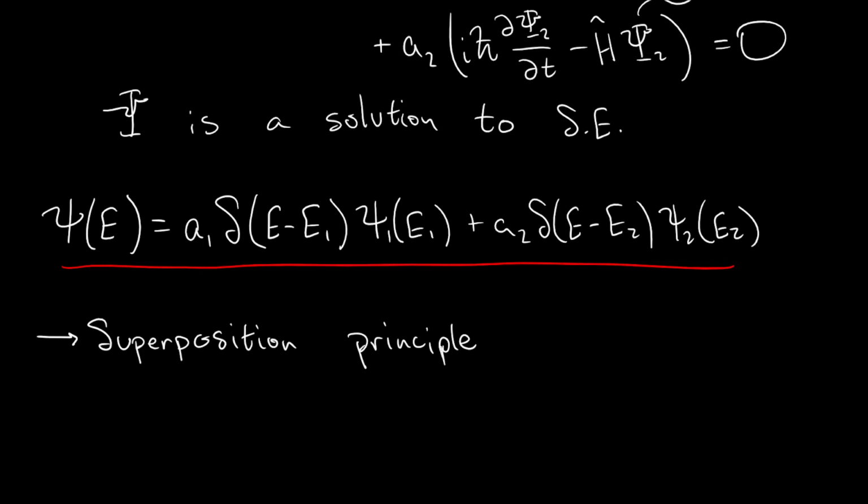But there's still quite a lot to discuss here. What does this solution mean? What are these psi's? What do they correspond to? How do I go about solving the equation? Solving it is just an exercise in differential equations, so that's more of a math thing. But what are the implications of this superposition principle?